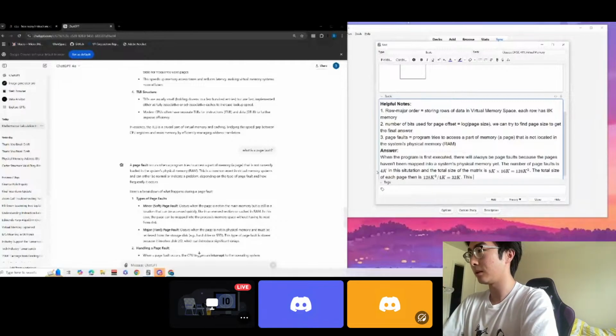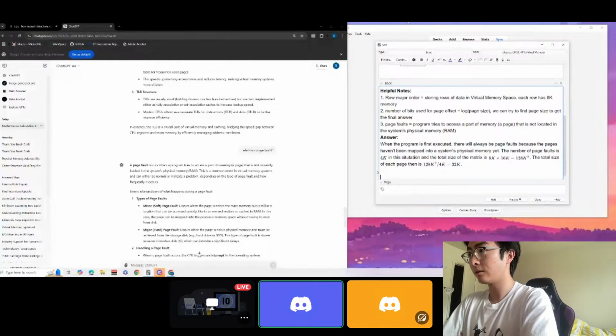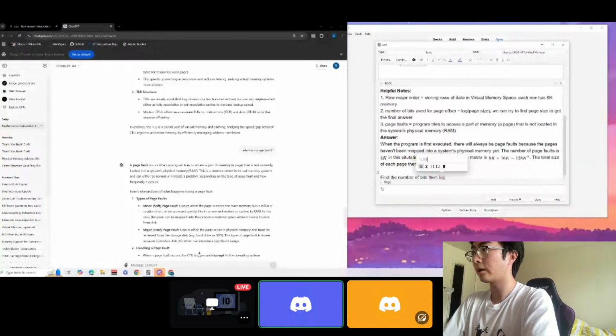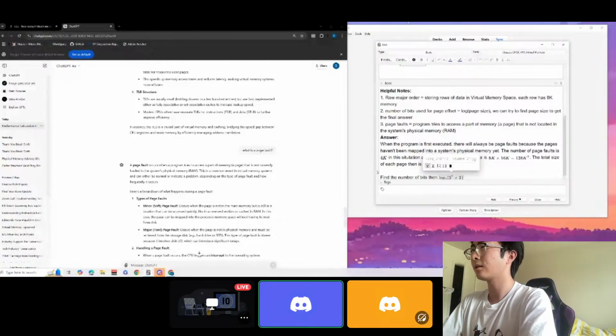So this means that they're 32K. So finding the number of bits then is log base 2 of 32. So it'll be 2 to the 5th times 2 to the 10th, right?